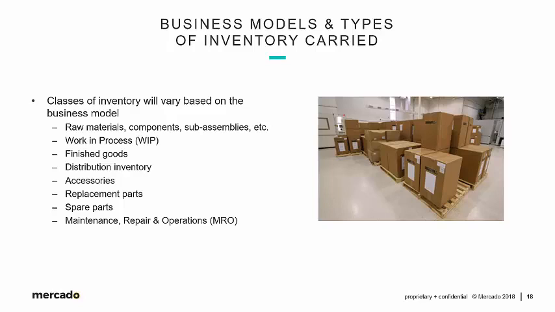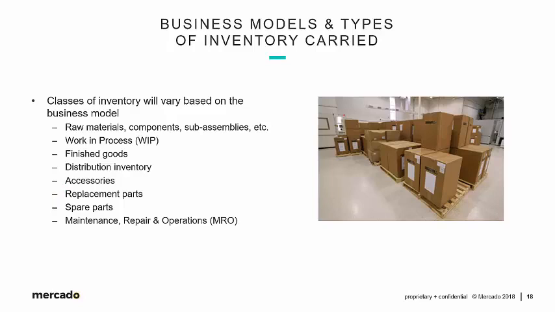A company in the United States might have 4 DCs, big DCs around the country, with a dozen satellite DCs in specific geographic areas. Goods that are in a DC, goods that are in a satellite fulfillment house, that's distribution inventory. Accessories, replacement parts for products that are sold out in the marketplace, replacement parts for refrigerators, as an example. That's a type of inventory.